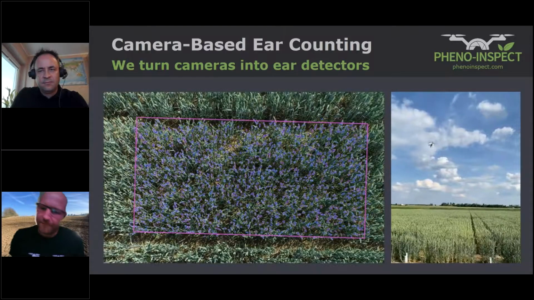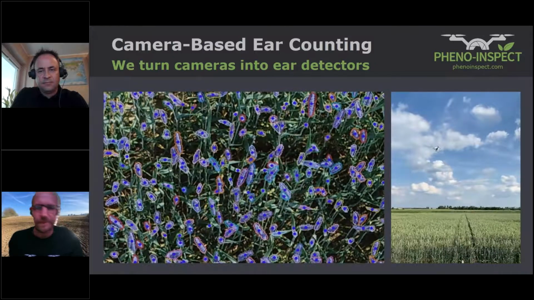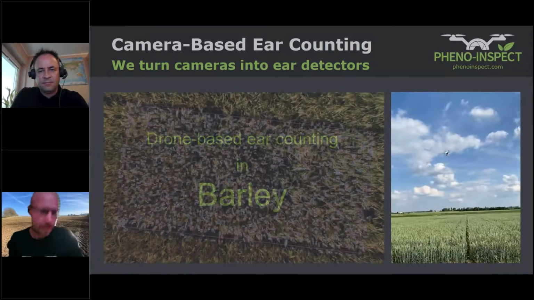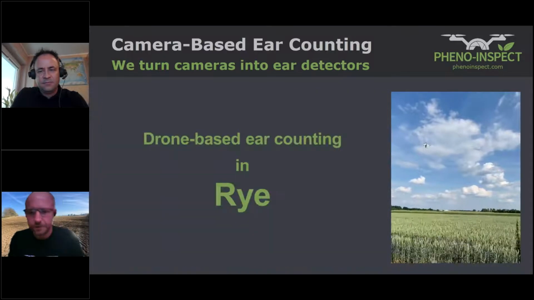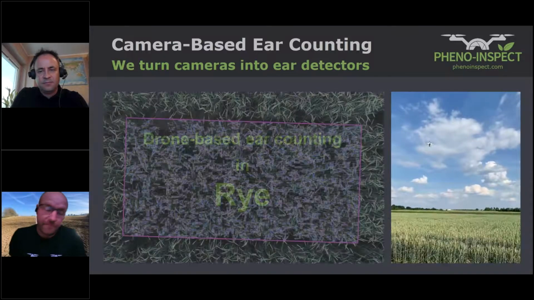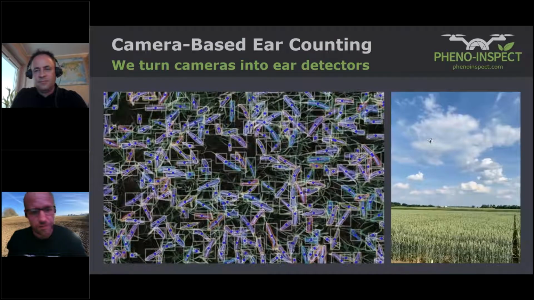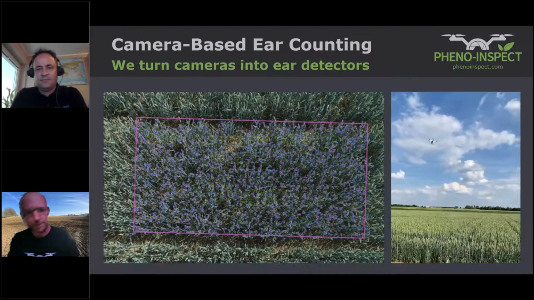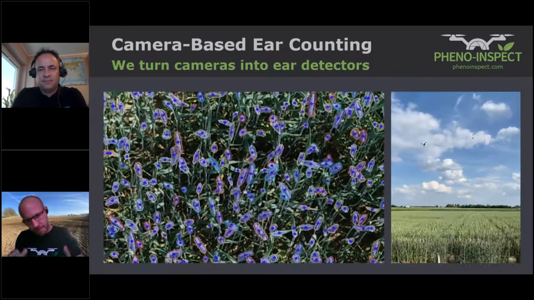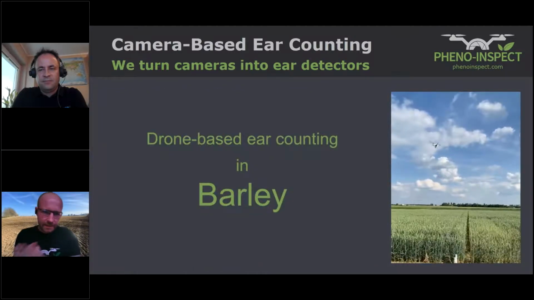And this is of course possible with the Phantom, but not at a very high throughput, as the sensor is very small, and if you have to cover large areas, then you have to spend a lot of time in the field in order to measure this. But just from the analytics side, this is what you can do.